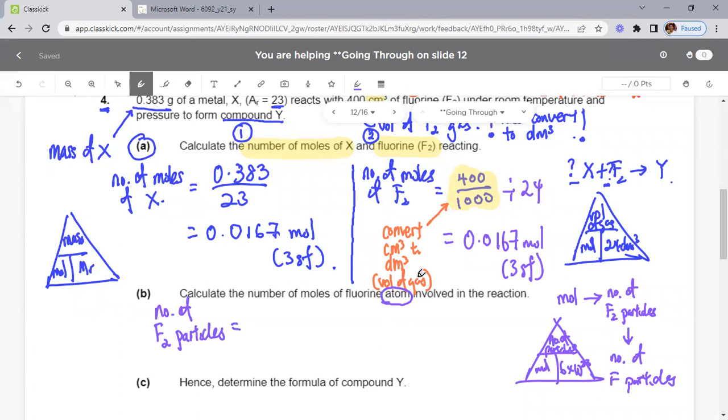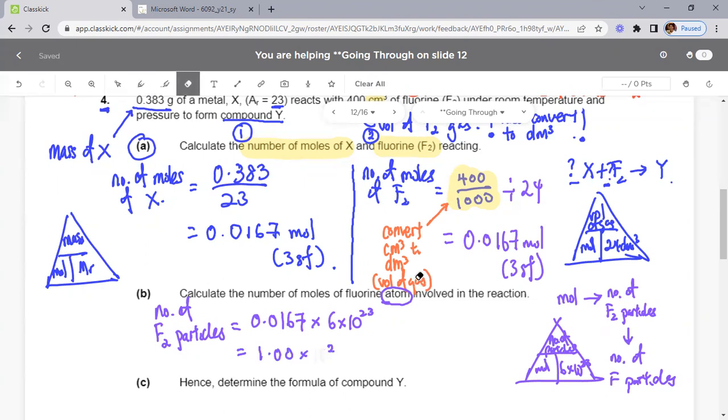So the number of F2 particles in this case will be 0.0167 multiplied by 6 times 10 to the power 23. You're going to get 1.0020 times 10 to the power of 22.